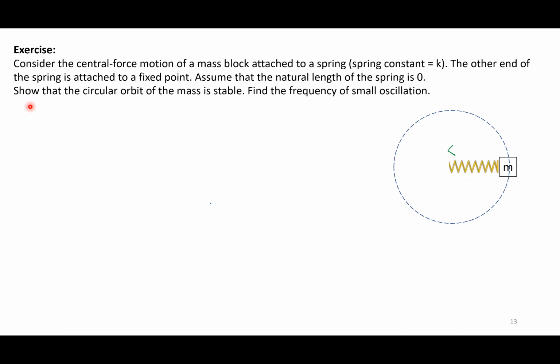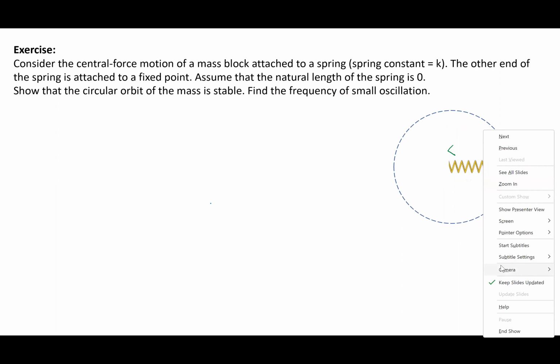In this exercise problem, we want to show that the circular orbit of this mass is a stable circular orbit, and then find out the frequency of the small oscillation.